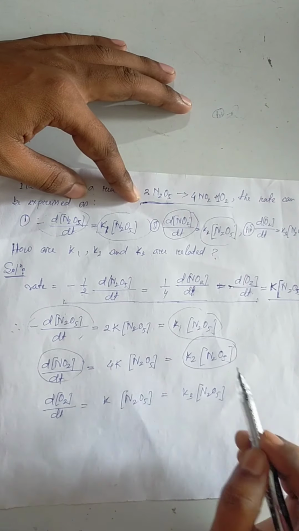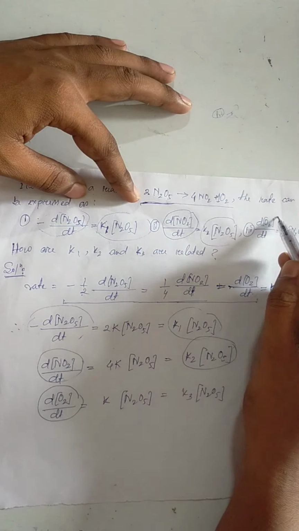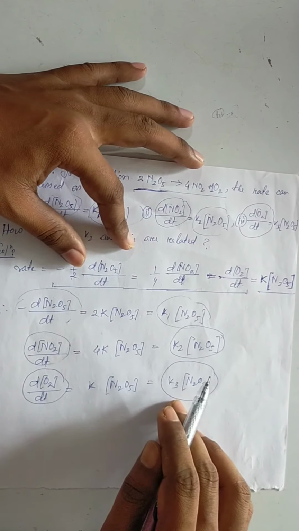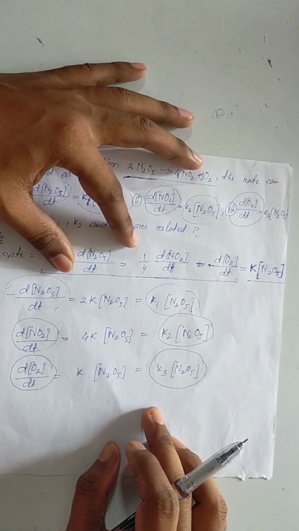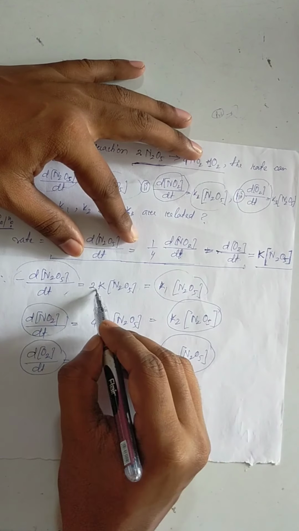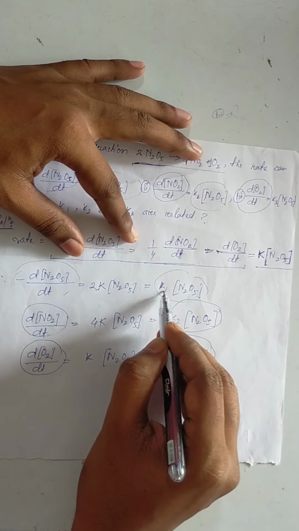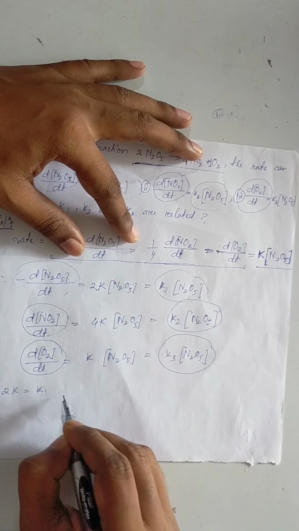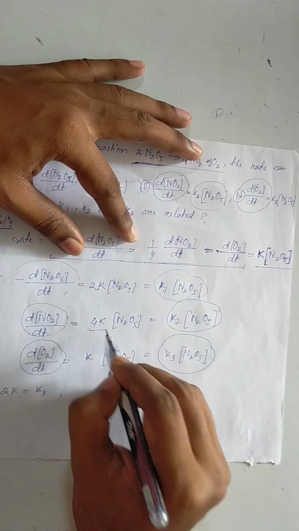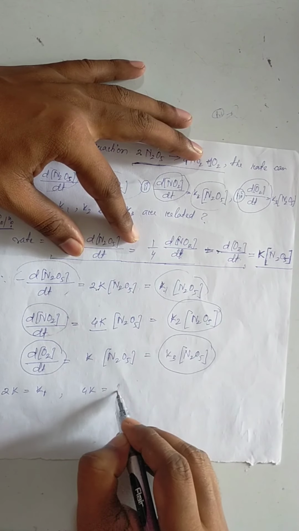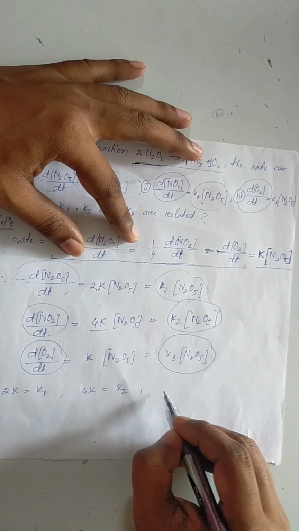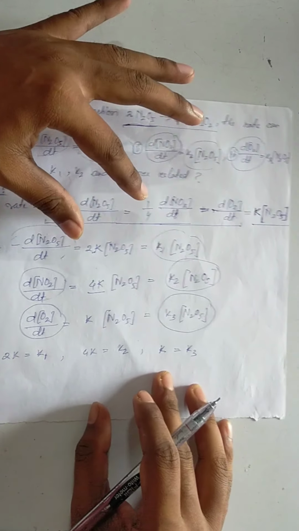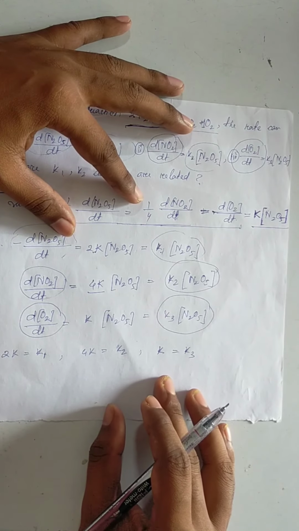So from these 3 equations, we can conclude that twice K is equal to K1. Okay, twice K is equal to K1. Next, 4K is equal to K2. Next, K is equal to K3. So how are they related?